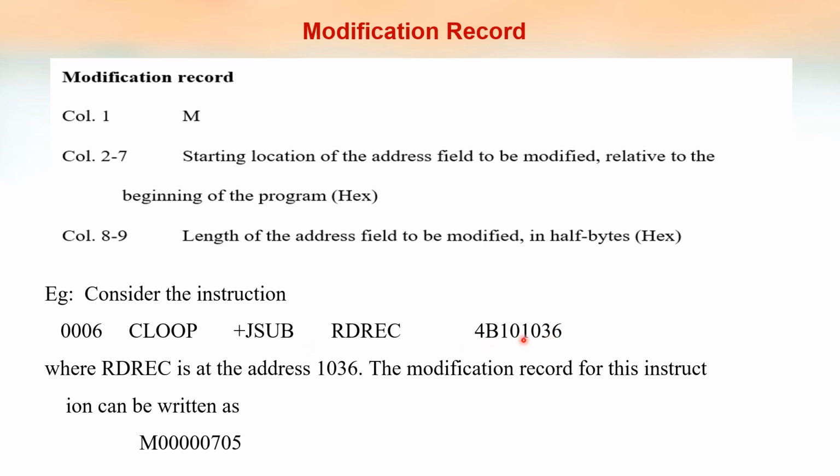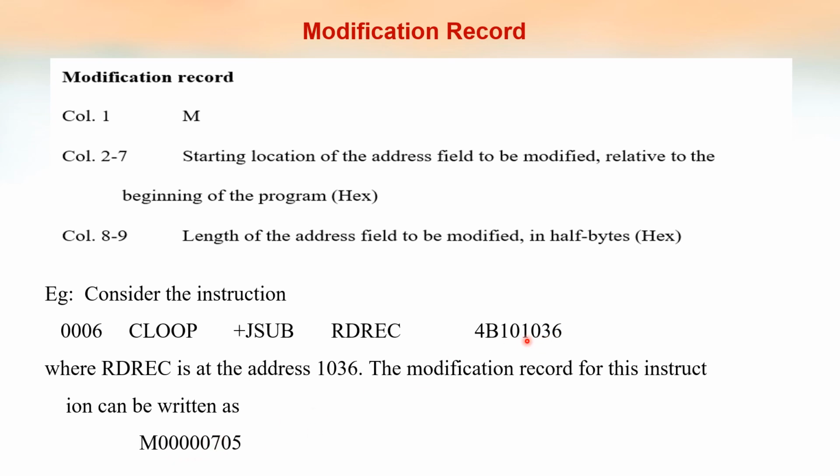So this is the object code for this instruction. And in this instruction, what do we have to write in the modification record? First, we write the M, then the starting location of the address field to be modified. This is the address field to be modified, 01036. What is the starting address of this 0? That is 7, because 4B is in 6 and this is in 7. So we have written the starting address as 7.